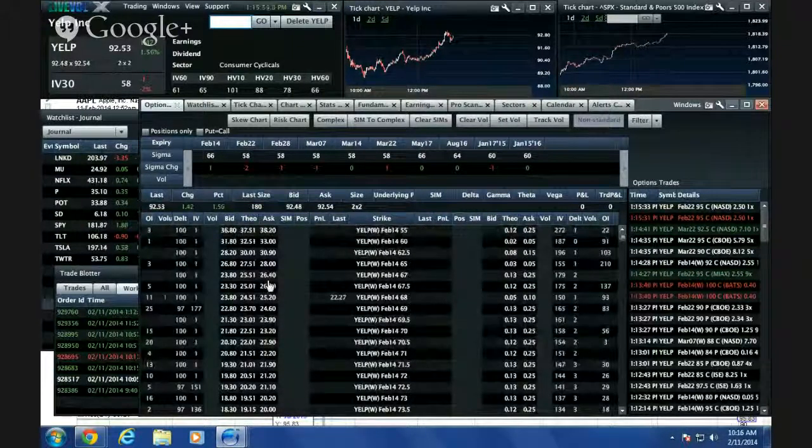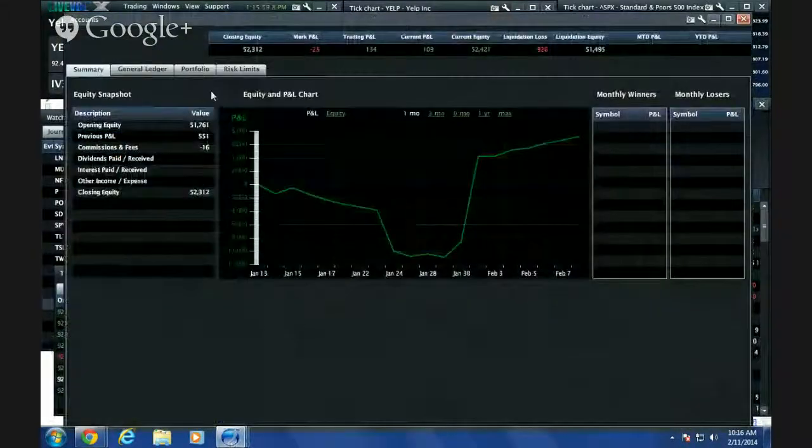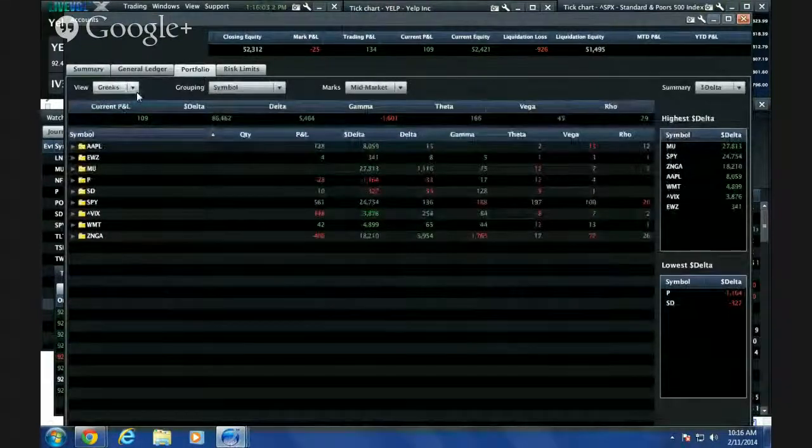So if you see a lot of my positions, and let me see if I can actually address that. If you look at my Greeks, I have this theta. You can see most of my theta right now, I'm concentrating on SPY. So I'm trying to sell and collect theta. This way, I have two ways of making money.